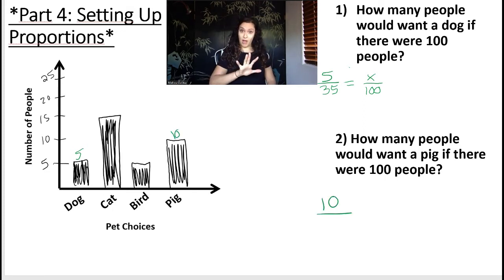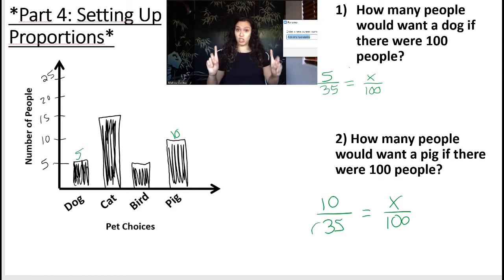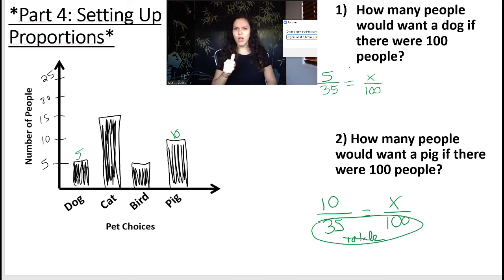So 10 out of 35, this is what I know, is the same as how many out of 100? You can think of the bottom ones as your totals. We're not going to solve these right now. We're just setting up the proportions.